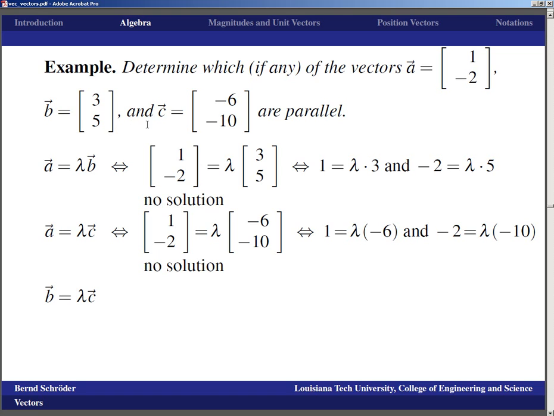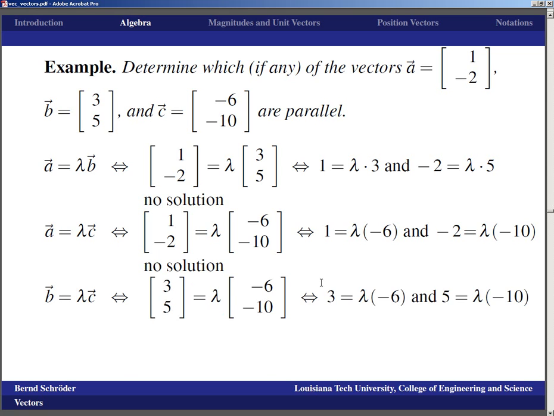Finally, we have to check if b and c are parallel. So we set up b equals lambda times c. That gives us (3, 5) equal to lambda times (negative 6, negative 10). The x components give us the equation 3 equals lambda times negative 6, and the y components give us 5 equals lambda times negative 10.